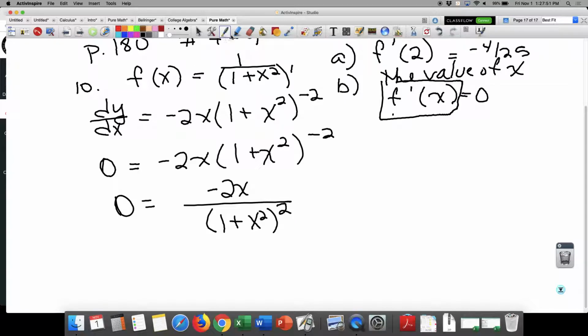I take the one thing that is to the negative power and I flip it. If it's in the numerator, it goes to the denominator. And as soon as I flip it, it becomes positive. Because see, it was negative. It wasn't happy where it was. It wanted to move. So as soon as I move it, it became positive.